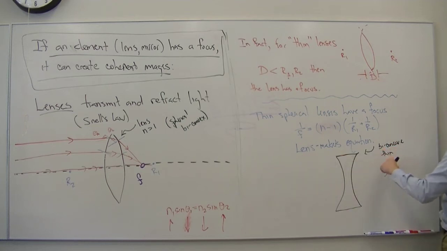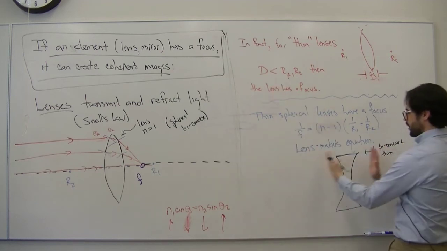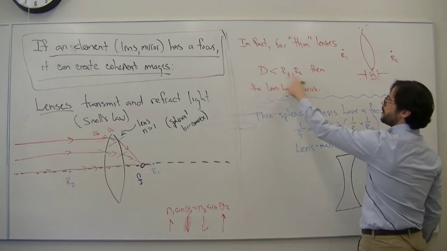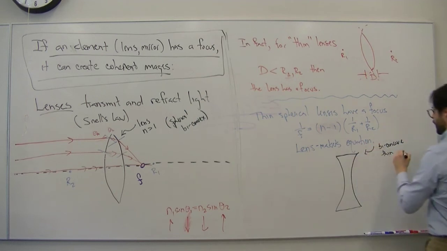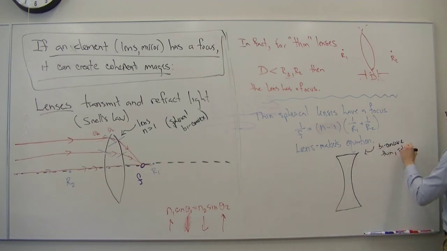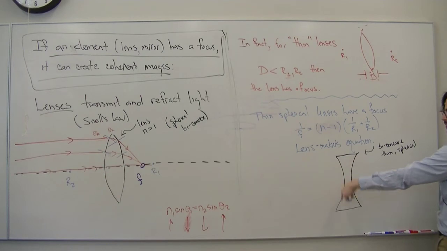Thin, which is to say that the actual thickness of this lens is smaller than the two radii of curvature. Spherical, which is to say it's cut from two spheres. So that and that would be spherical depressions, like you rested a ball inside of it and it would fit perfectly. And lens, it's something that's transparent and refractive.